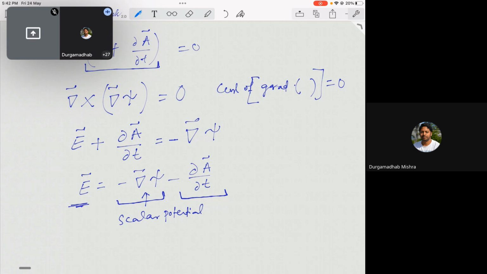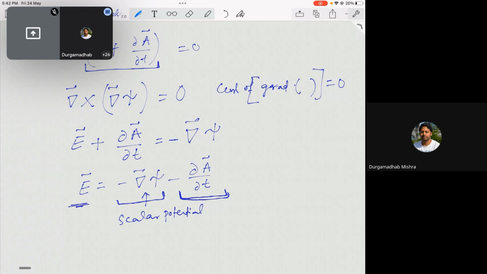But in electromagnetism, where we talk about time varying fields, the electric field is represented by the scalar potential, of course the electrostatic one, and in addition it also depends on the time rate of change of the vector potential. So the electric field does not depend only on the scalar potential, it also depends on the vector potential. This is important. This is the implication of dynamics that we are talking about.